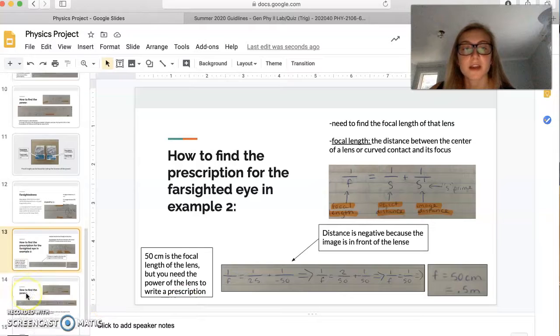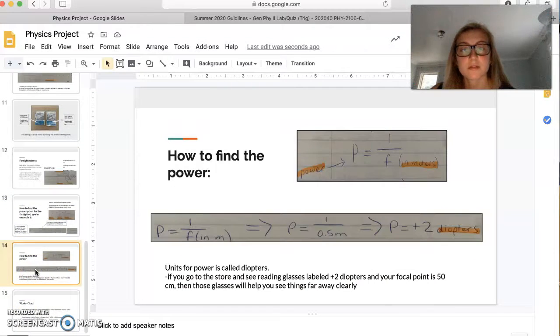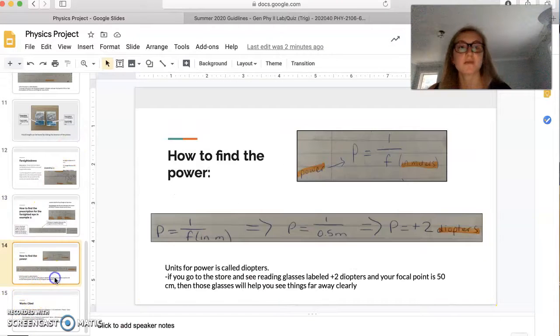So again, we need to find the power. So here we have the power, and back here we solved for this equation and we ended up getting a positive 50 centimeters, whereas for a nearsighted person we got a negative 50 centimeters.